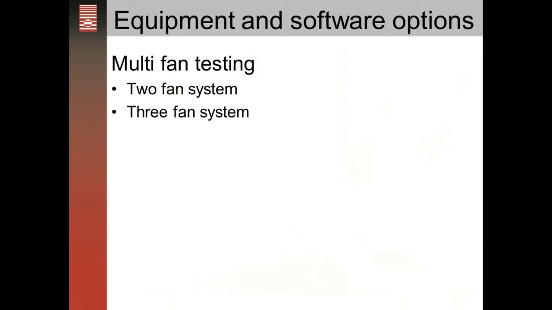2-fan system, 3-fan system. We do have a multi-fan protocol for 2 and 3-fan systems, and basically you do your baseline reading with both fans closed. Let's say we're doing it with a 2-fan system. You'll crank the first fan all the way up, and if you're not at 50 yet, you'll determine if you need rings on the second blower door.